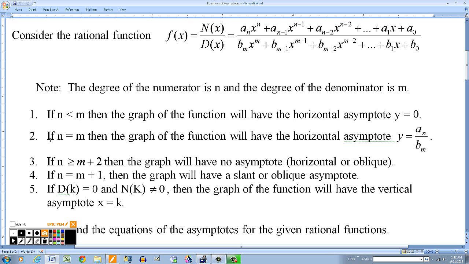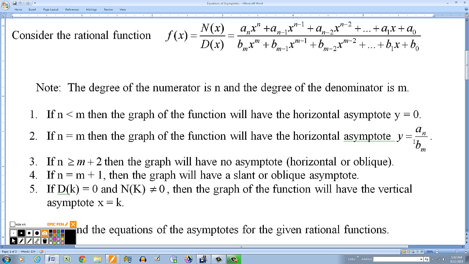Now, number 2 tells me that if the degrees are the same, if n is equal to m, then the graph of the function will have the horizontal asymptote y equal to a sub n over b sub m. So if these two exponents n and m are the same, you simply take the coefficients as a ratio and set it equal to y.